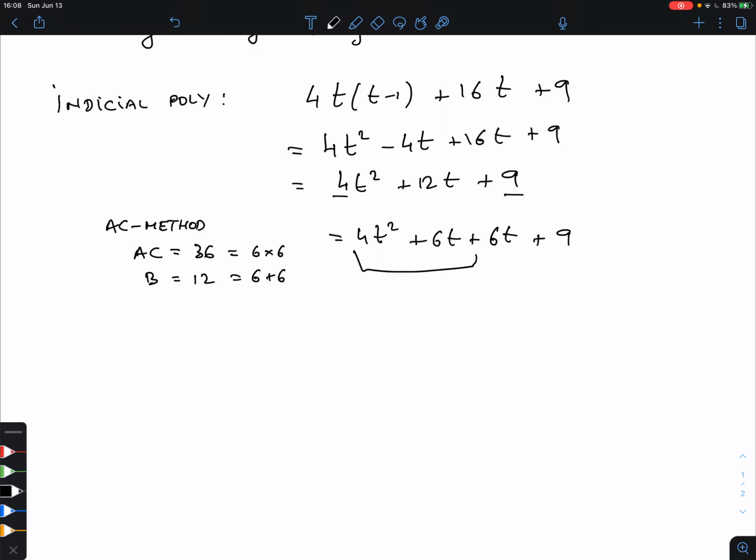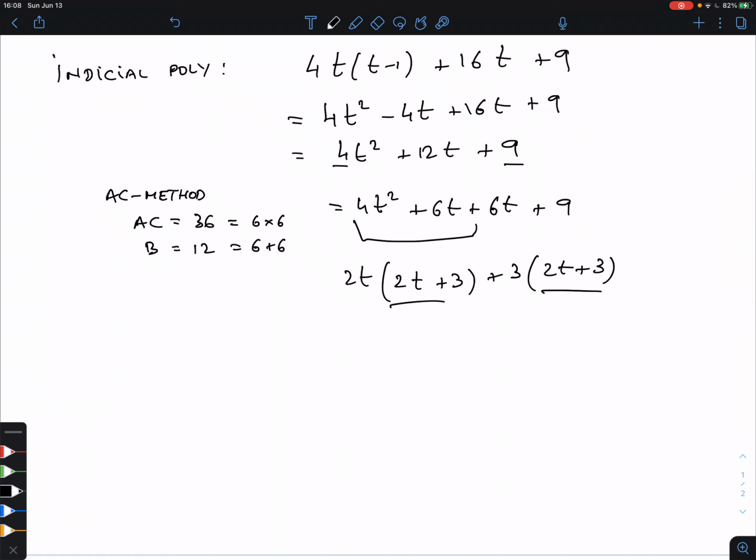And then we group. We group this here and factor out the 2t, and what is left is 2t plus 3. And here we factor out the 3, and what we have left is 2t plus 3. This is what has to happen: there has to be a common factor. So you get 2t plus 3, factor that out, and what is left is the 2t and the 3.